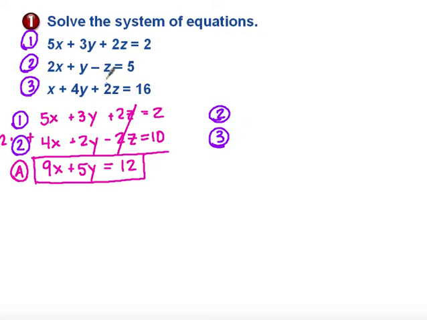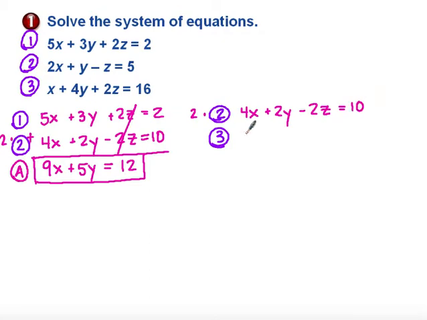Now if I'm trying to get rid of z's again, then what I'm going to have to do is multiply the second equation by 2 this time. Same thing as I did in the last. So that's going to once again give me 4x plus 2y minus 2z is equal to 10.